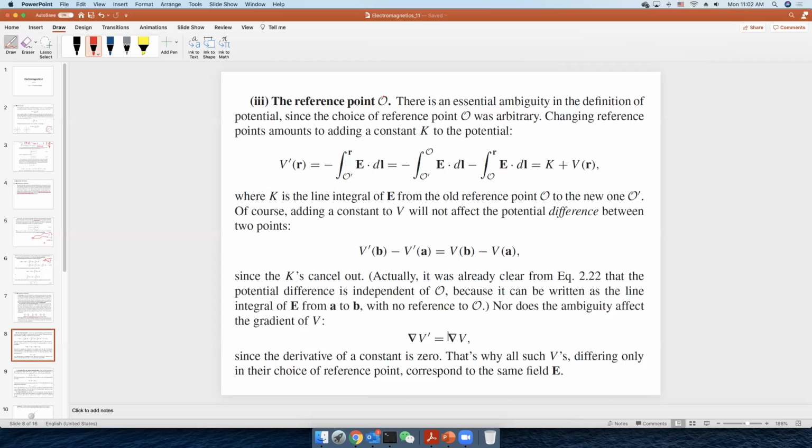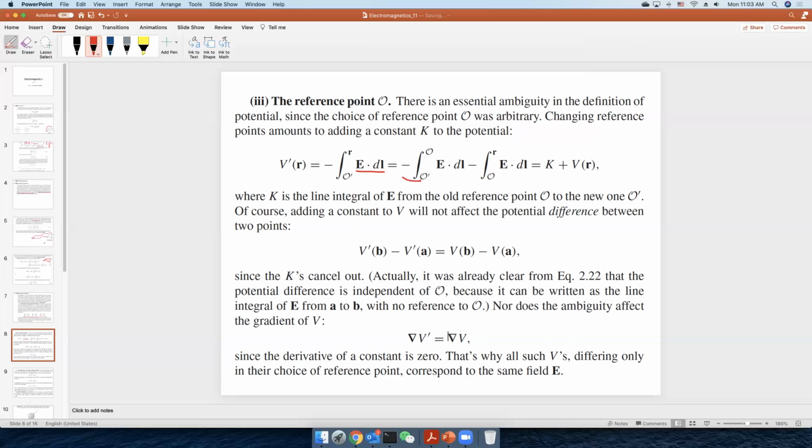You can also choose it to be phi prime. Then your potential prime should be the negative integral from phi prime to R, or it could be from phi prime to phi and then phi to R, because remember that the line integral of E is path independent. So this equation is true.